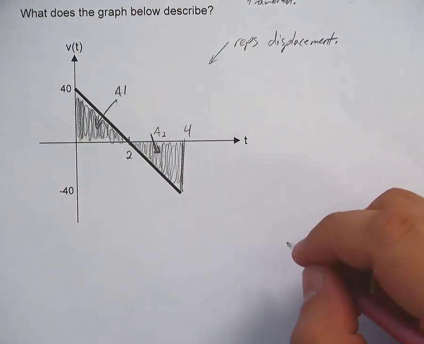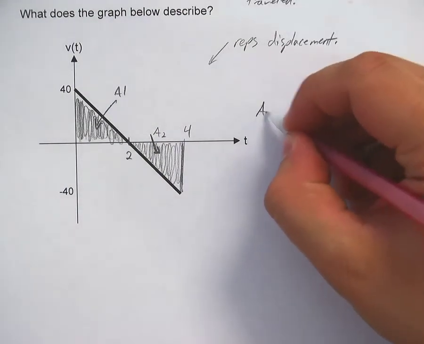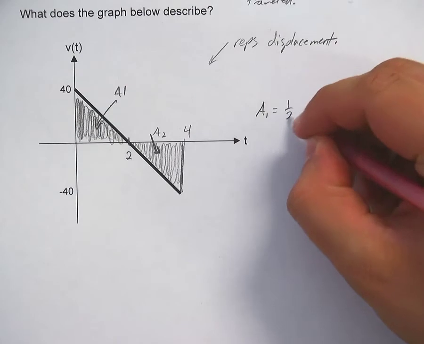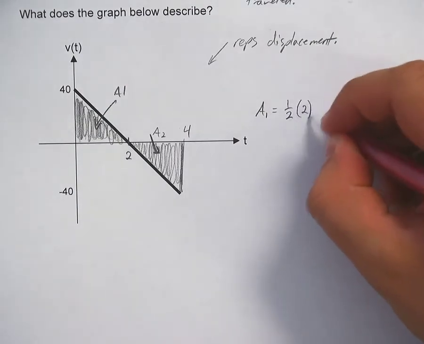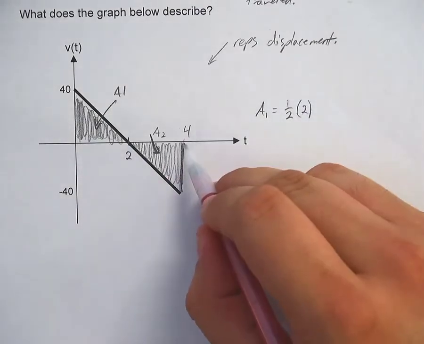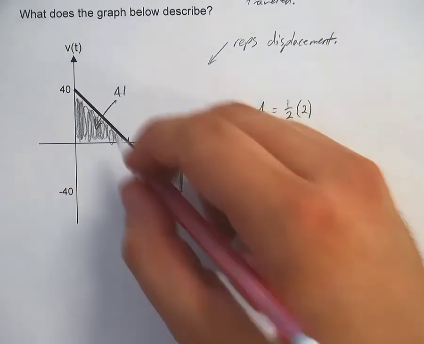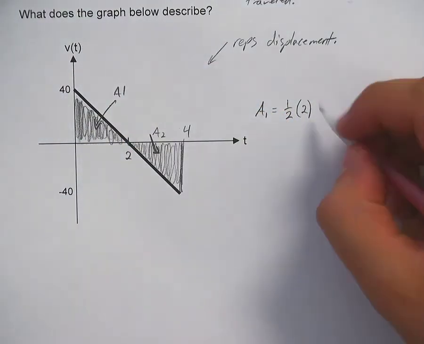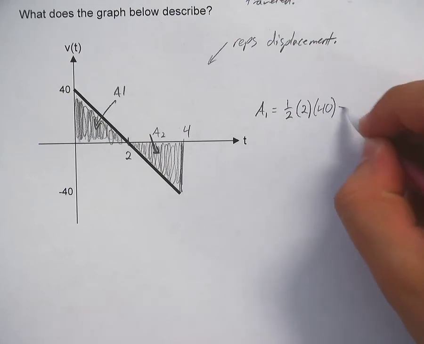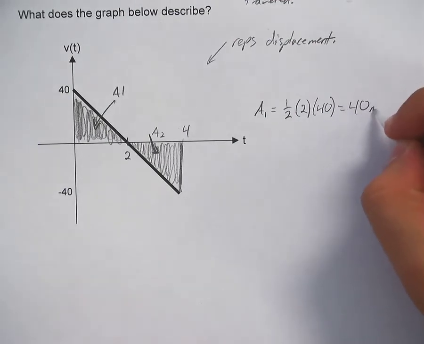All right. So the area of 1 is 1/2 base times height. So it's a length of 2 on the base, a height of 40, or excuse me, length of 2, height of 40. Times 1/2, which is 40 miles.